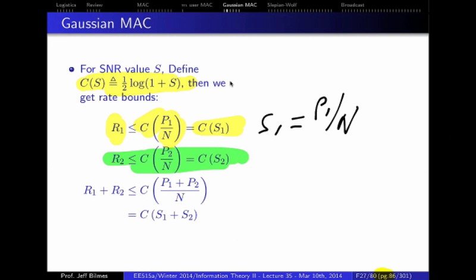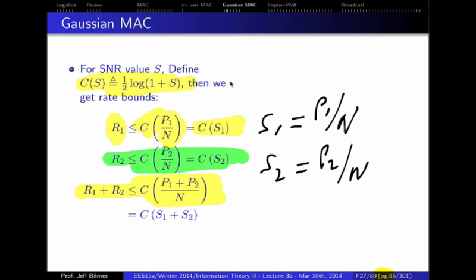Then we have this third bound for the sum, which is equal to C of S1 plus S2. Remember S2 is equal to P2 over N. Same denominator, so the S's combine additively.